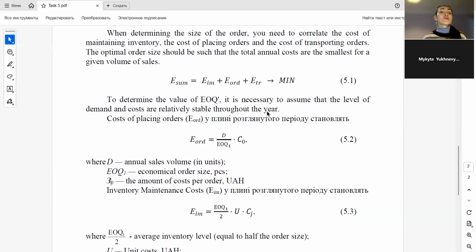After that, we find which total payment will be minimum, and that is the right answer for our task. The best result by E with index sum is for EOQ3, for example, or maybe in your calculation for EOQ2. So we need to choose this position. It is the end of our task. Now I stop sharing and stop recording.